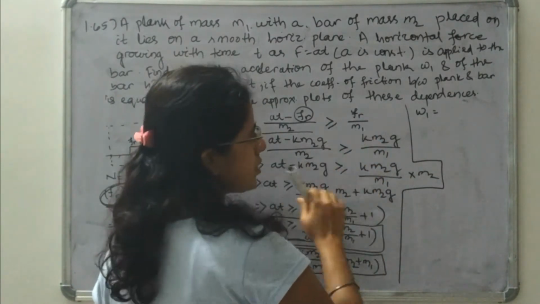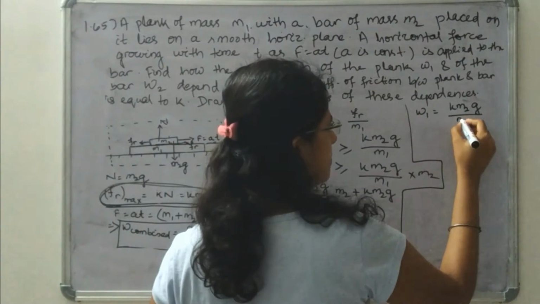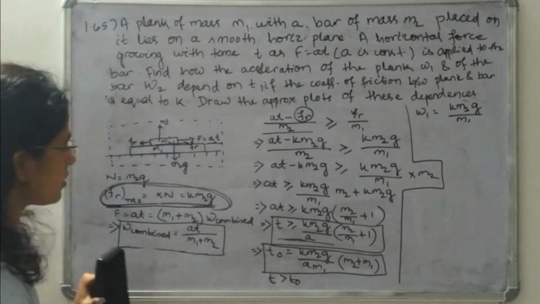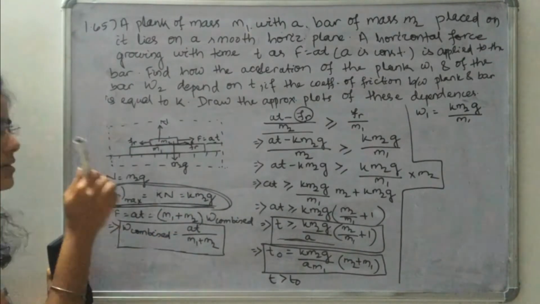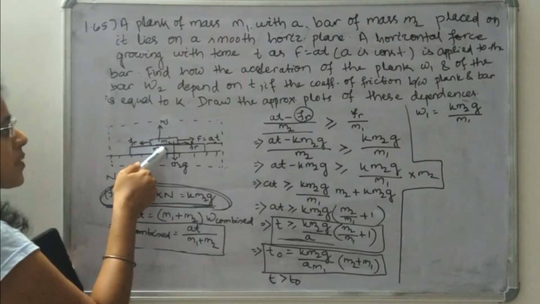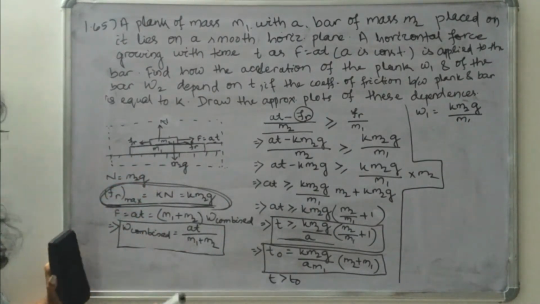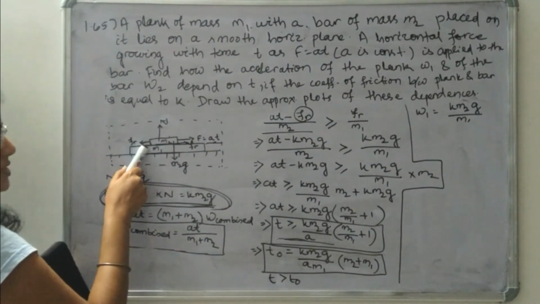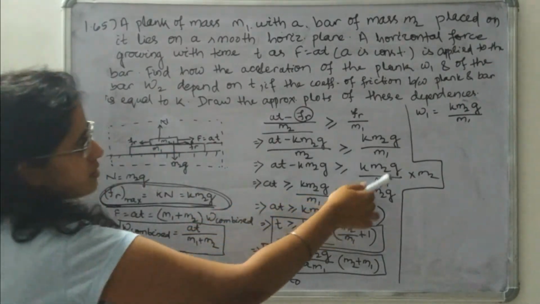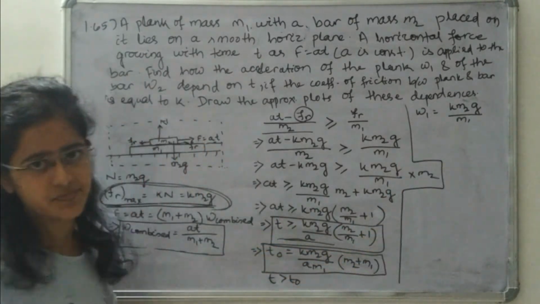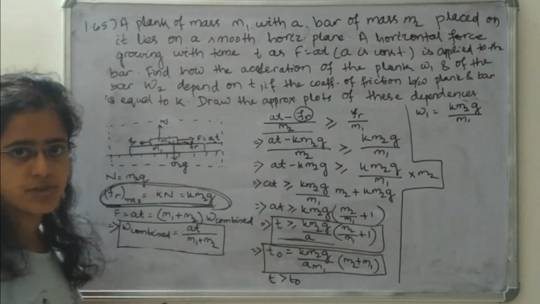Fr divided by m1, that is k into m2 into g divided by m1, because the maximum frictional force is k into m2 into g, and due to this friction this plank is moving, because there is no force applied on this plank. Force is only applied on this bar, but due to the frictional force directed in this direction for this plank, the acceleration has reached this much. The plank is moving only due to frictional force.